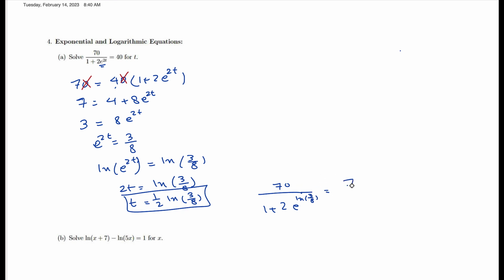That's 70 divided by 1 plus 2e to the ln, their inverse functions, so I get 2 times 3/8. So 70 over 1 plus 3/4, 70 divided by 7/4, and that gives me 40, which satisfies the equation.